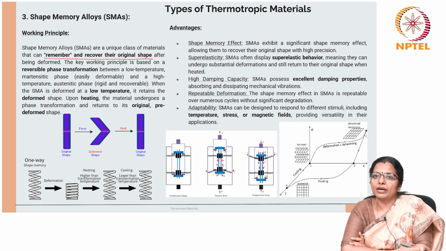When the SMA is deformed at a low temperature, it retains the deformed shape. Upon heating, the material undergoes a phase transformation and returns to its original pre-deformed shape.